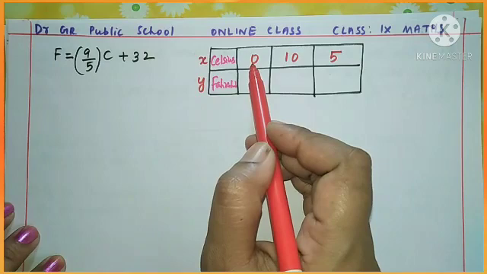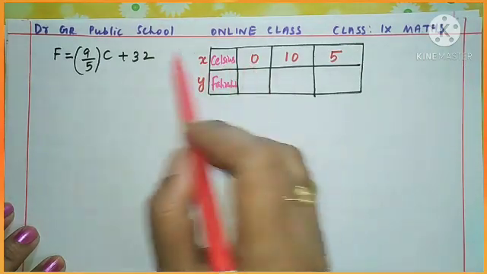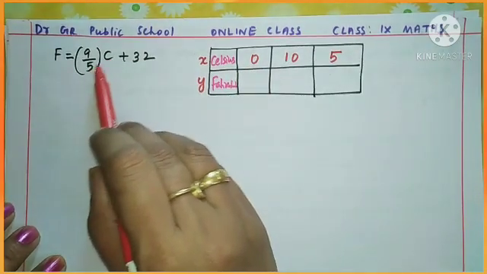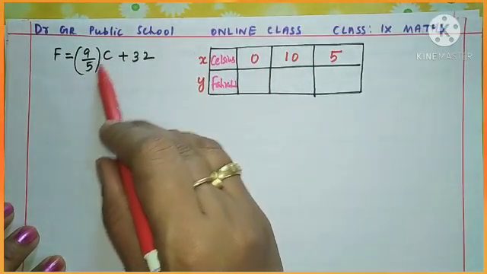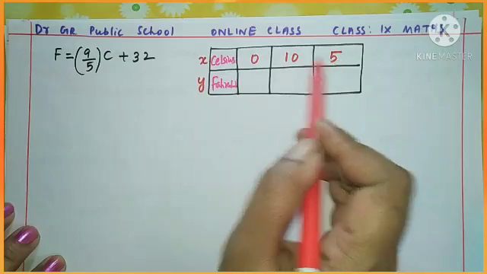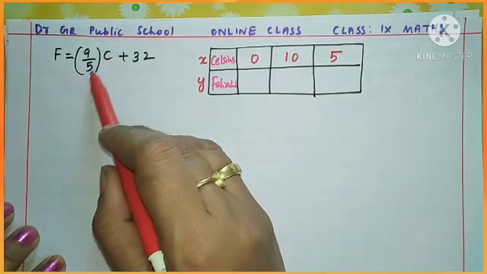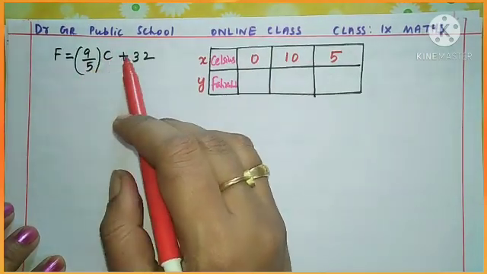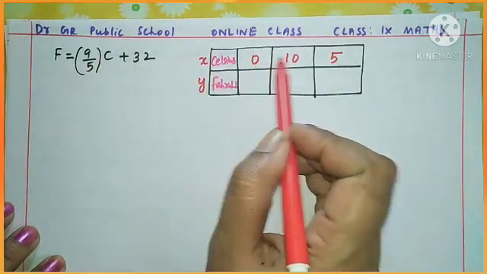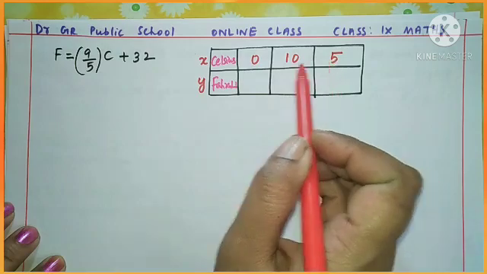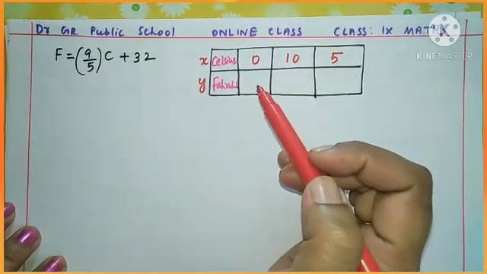See, I have selected C value 0, so it will be 0 here when you multiply. Then 10, if I am selecting here, 5 and 10 can be cancelled. Similarly 5 also, if I am writing here, 5 and 5 are cancelled. Because this is a fraction, I selected the values like this, multiples of 5, so that it will be easy for simplification.